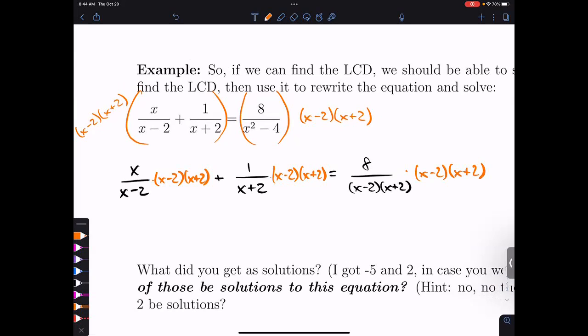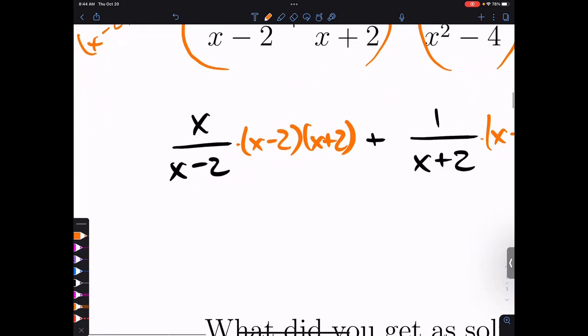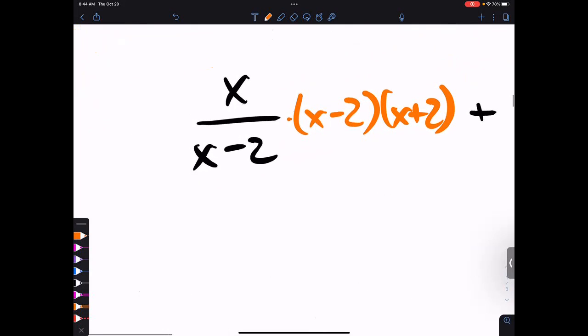And that looks like a lot, right? But take a look at it one piece at a time, one term at a time. Before we start trying to multiply things out, what happens there? You cancel, right?